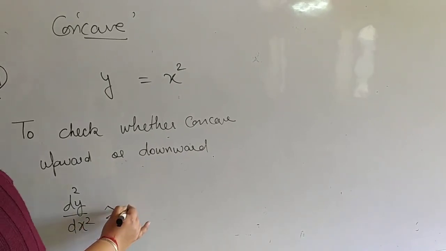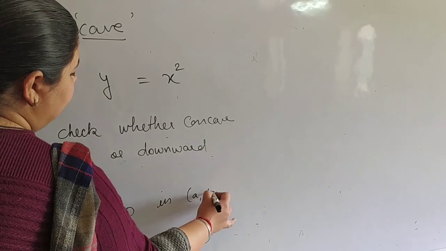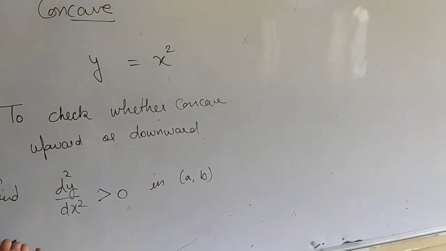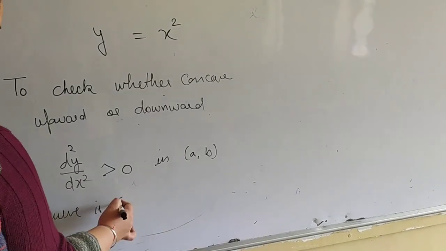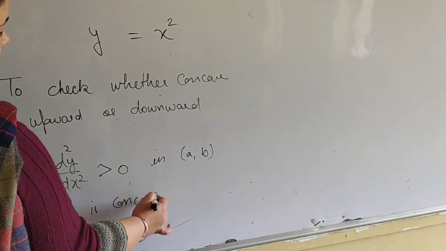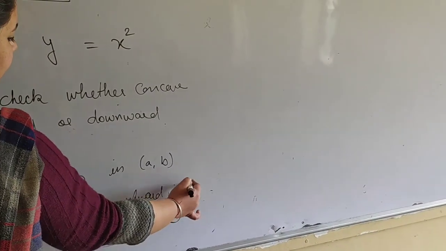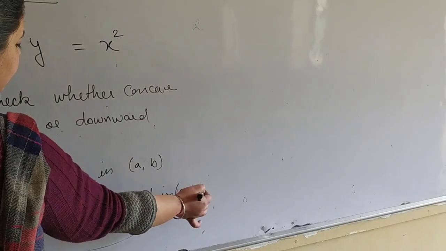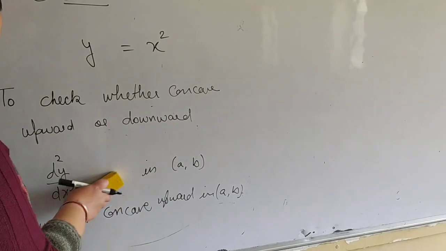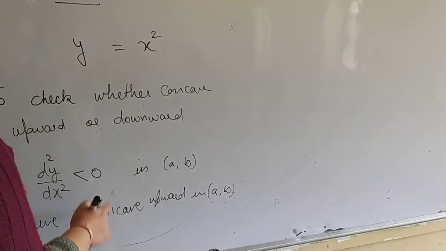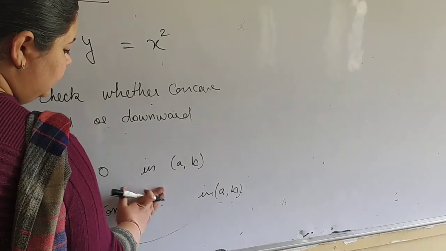If the double derivative is greater than 0 in the interval a comma b, we say the curve is concave upward in this interval. If the double derivative is less than 0 in the interval, we will say the curve is concave downward.